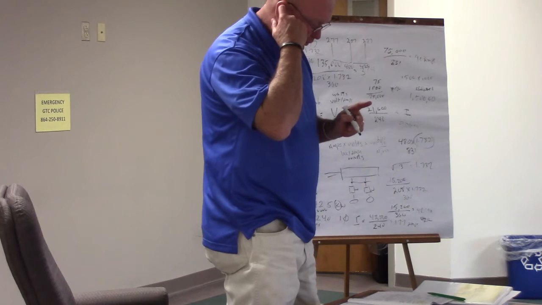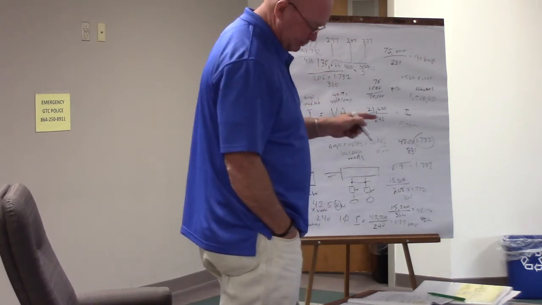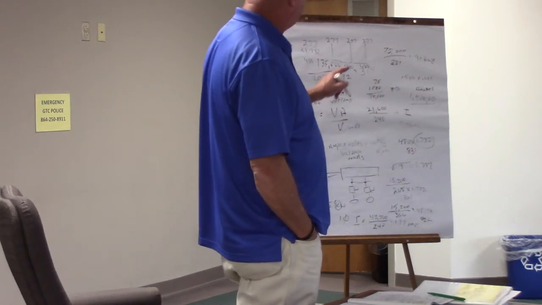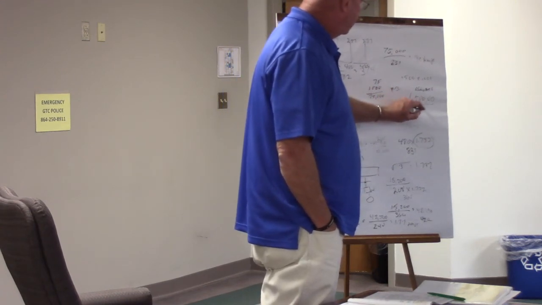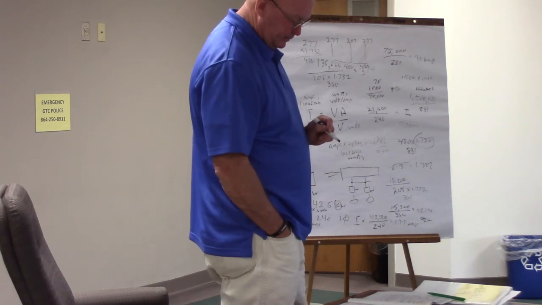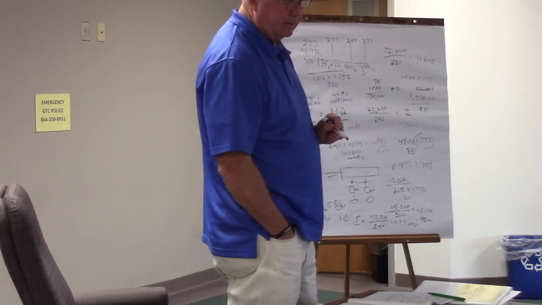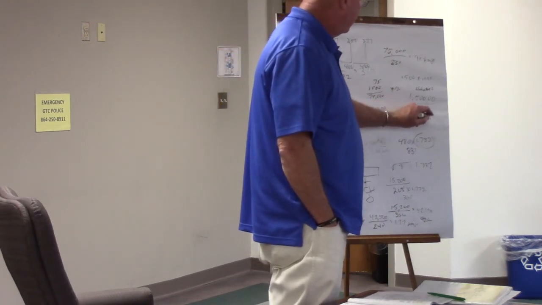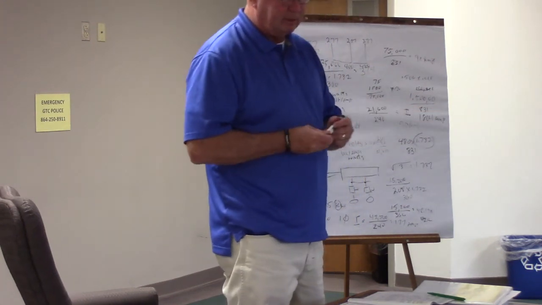1,500,000, and we're going to divide that by what? We've already come up with the number we should be dividing by: 480 times 1.732, which is 831. So let's divide that and see what we come up with. Yeah, 1,804 amps. So really we're doing the same thing, kind of repetitiously.